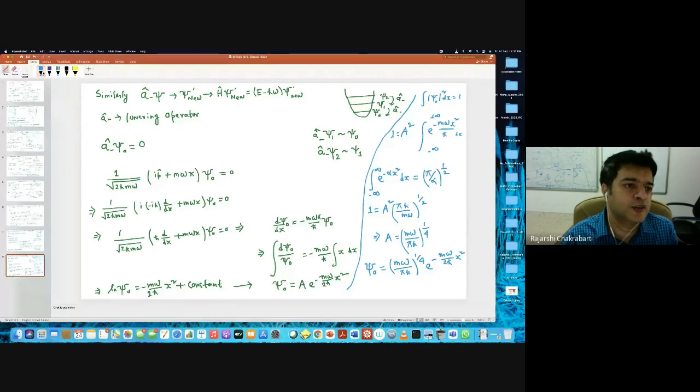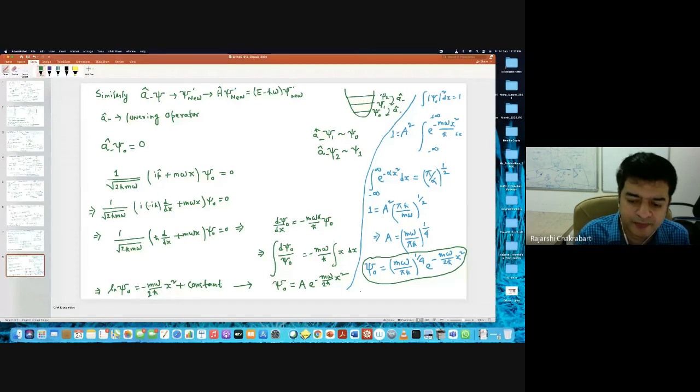I think everybody knows this wave function is the ground state wave function of the harmonic oscillator. You can check.